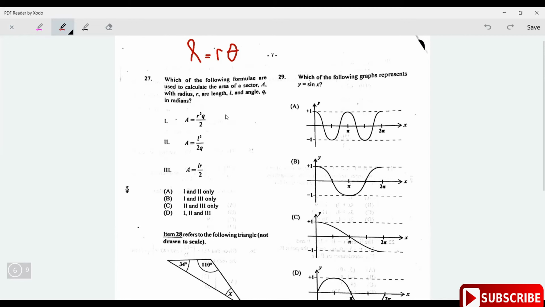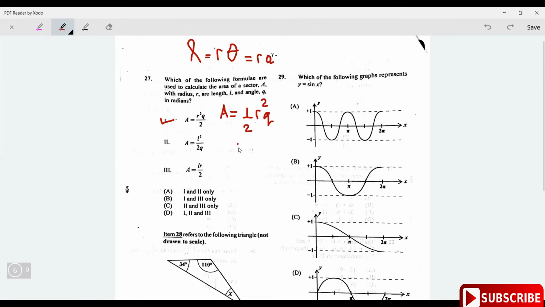Now, to find area of a sector is equal to a half r squared theta. A half r squared, and in this case, theta is q. So it's a half r squared q. So this one is good. But look at this. In this case, we see that L is going to be equal to r times q.